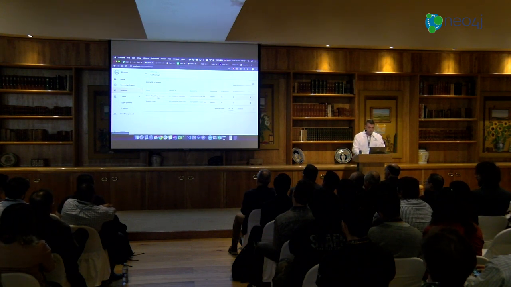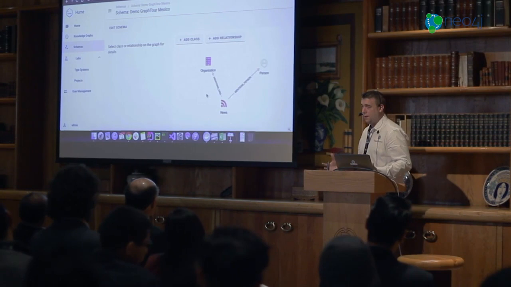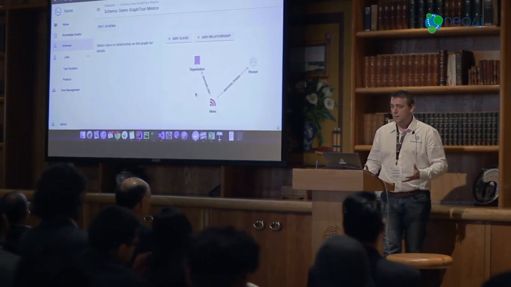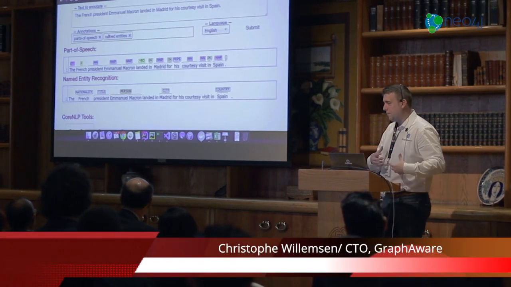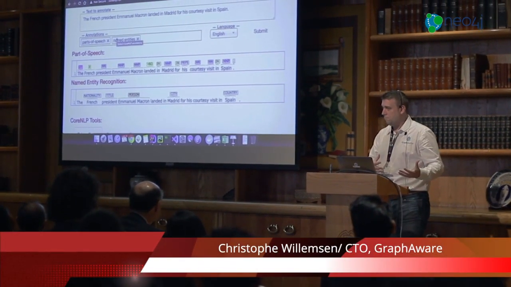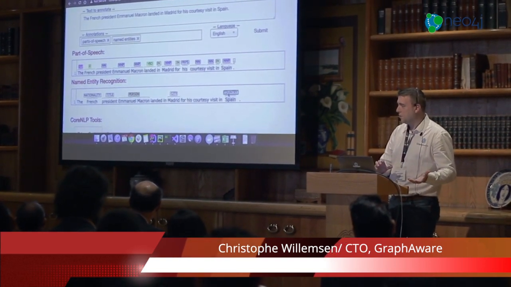So how are we going to do this? We're going to use a tool that does natural language processing. You give it some text and it returns new things that it knows about the text.